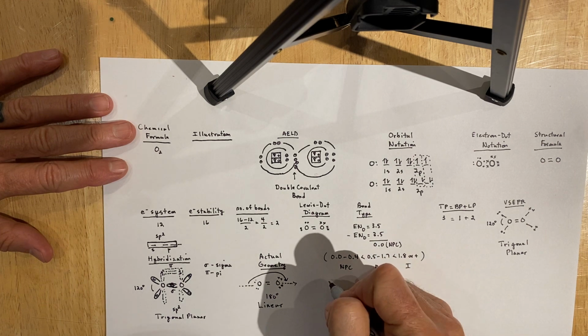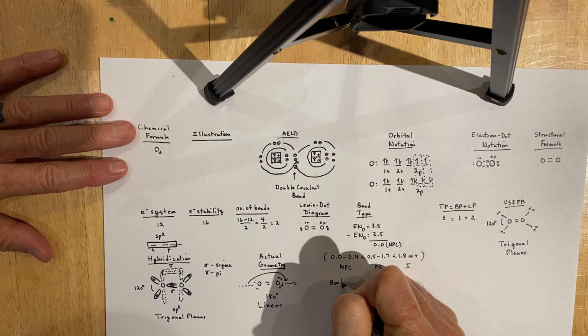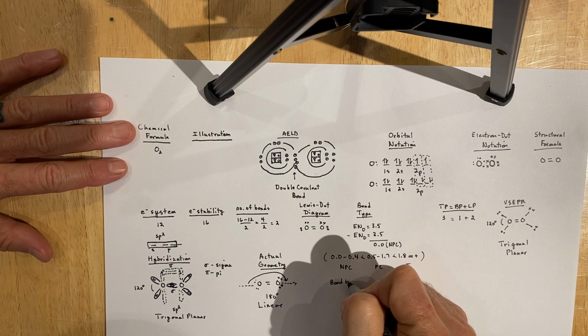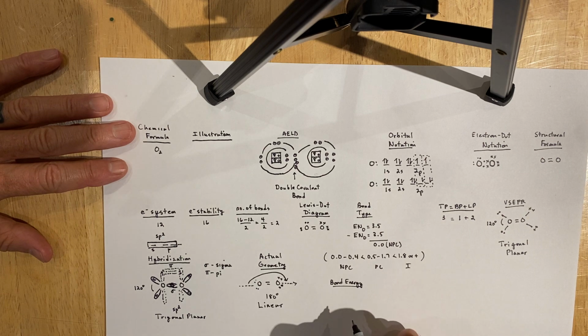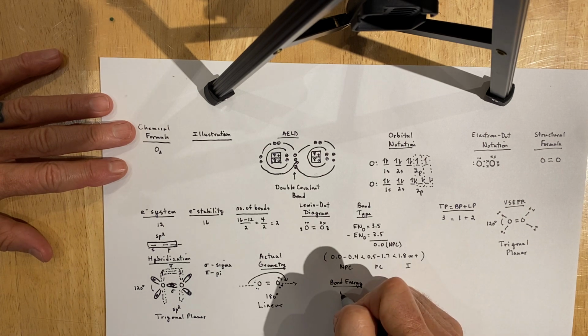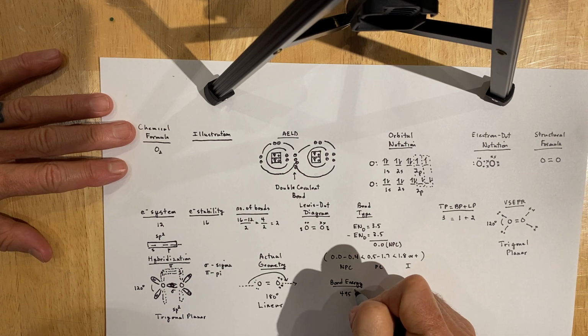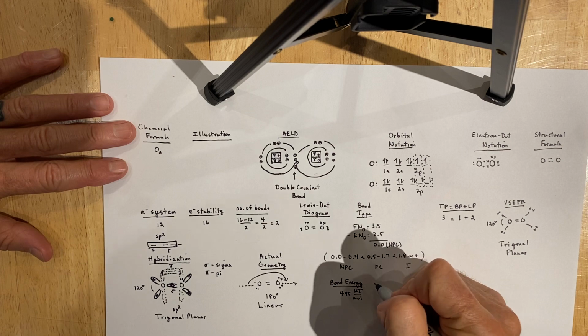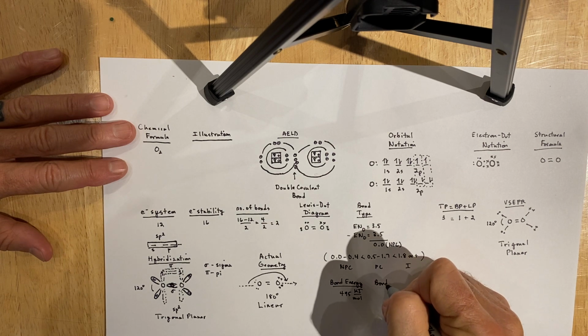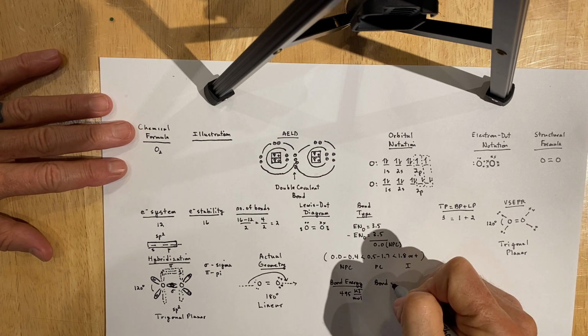I also want you to write the bond energy. Look that up, and you'll find that the bond energy for oxygen is 495 kilojoules per mole. You can get that from a table in the book. Those values may vary, but they should be relatively consistent.